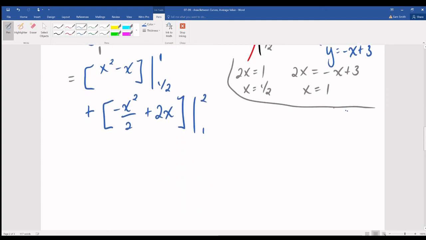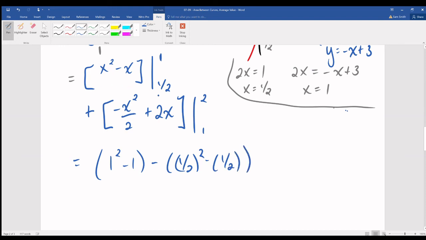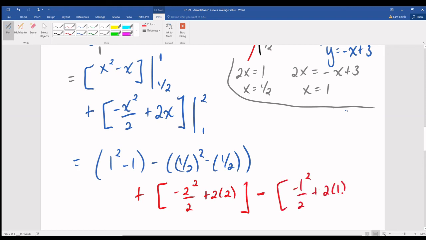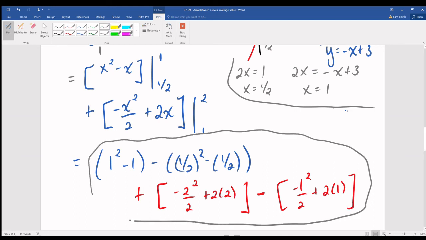Then, after plugging in top and bottom limits of integration, 1 squared minus 1, 1/2 squared minus half, that's this first antiderivative, and plugging in the second limits, negative 2 squared over 2 plus 2 times 2, take away negative 1 squared over 2 plus 2 times 1, this sum total, the result of this calculation, will give us the area of the triangular region bounded by these three lines.